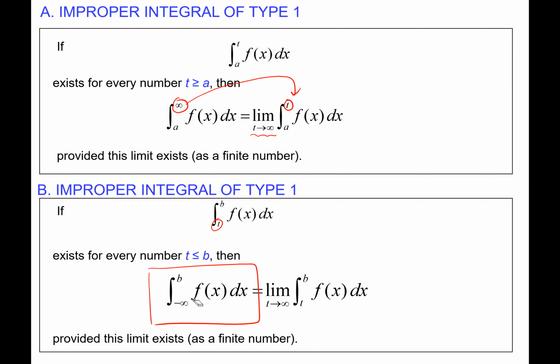In order to evaluate this, we replace negative infinity with t, and t goes to negative infinity. And then if this limit exists, of course, that's my integral. As we can see, as soon as infinity is involved, the limits are involved.